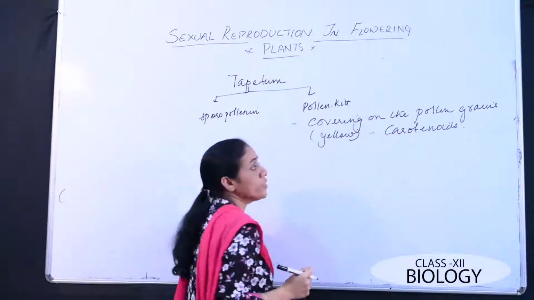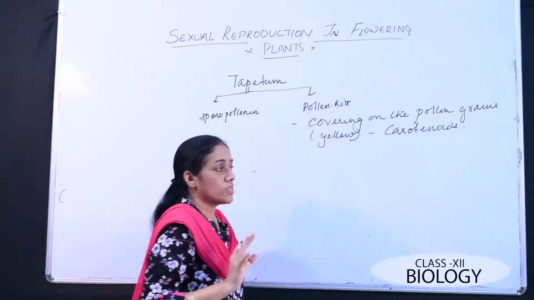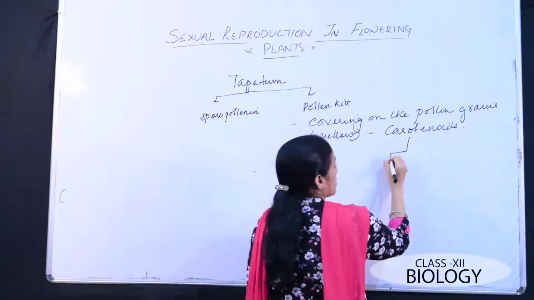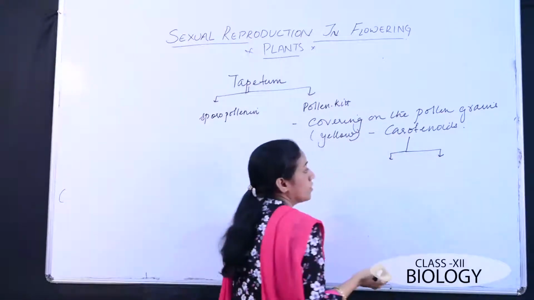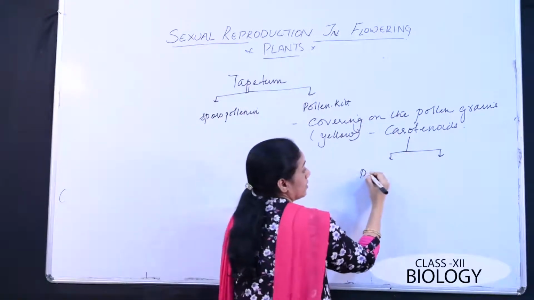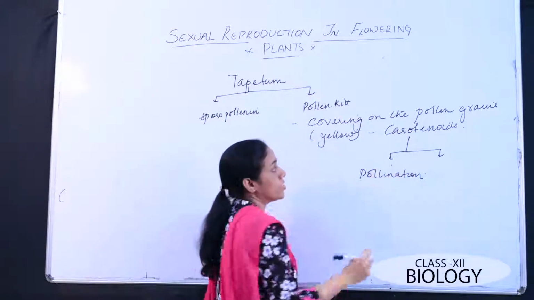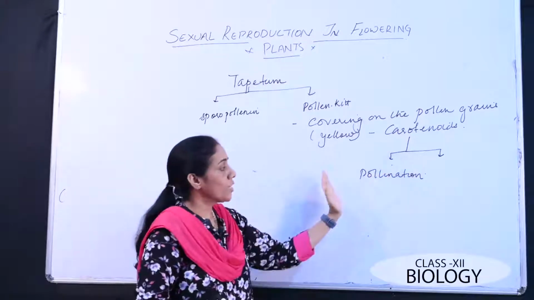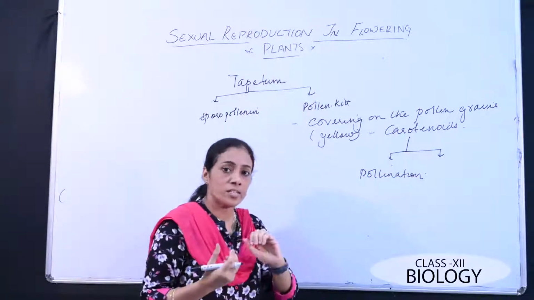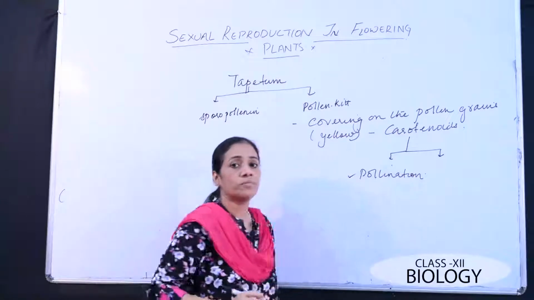This carotenoids serves two functions. First, carotenoids help in the color. I told you that the color imparted is yellow to the pollens. So the color attracts the insects, thereby promoting pollination.